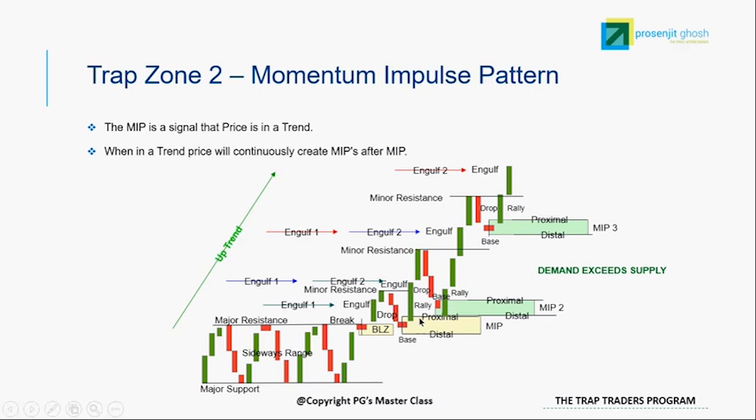Once price engulfs, another MIP got created there. So this is the second trade available there, right, which you have taken. Now, once price moves up, creates another MIP, this is the third trade which is available at this position. If price comes down, I can take a trade. Are you getting it, Ravi? Any questions? Are you clear on this?